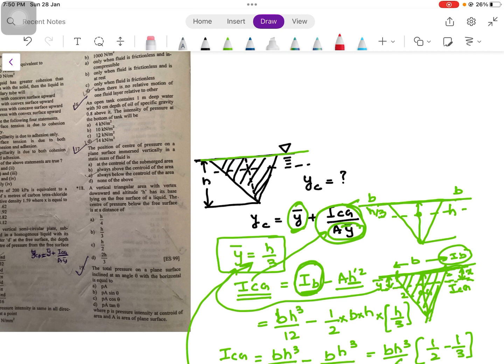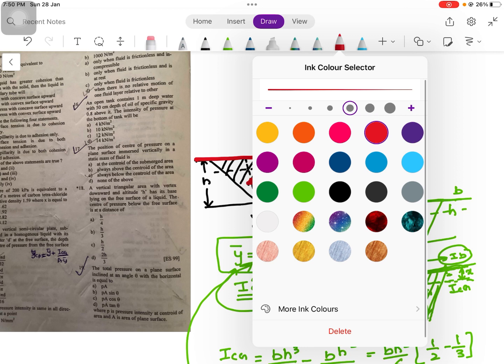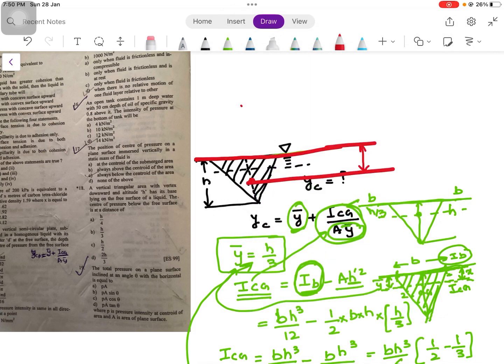All right, so this is the conclusion, that if we have a triangle immersed in a liquid in such a way that its base is flush with the surface, then YC, which is the center of pressure, is at a distance of exactly half of the altitude, which is just below the CG, because CG is at a location of h upon 3, that is at a distance of 1/3 of the altitude from the base.